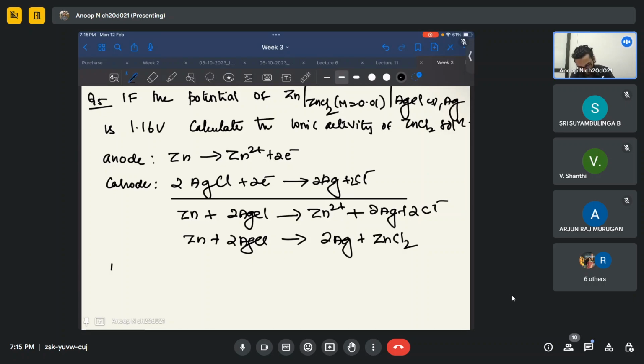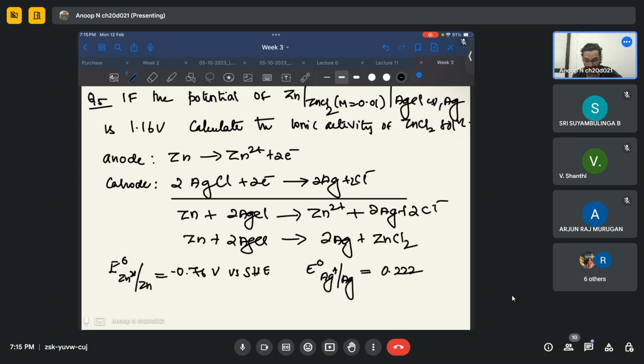So I will give two values also. E0 for zinc is equal to minus 0.7621 versus SHE. Then E0 value for the other one, Ag bar Ag+, is equal to 0.22.